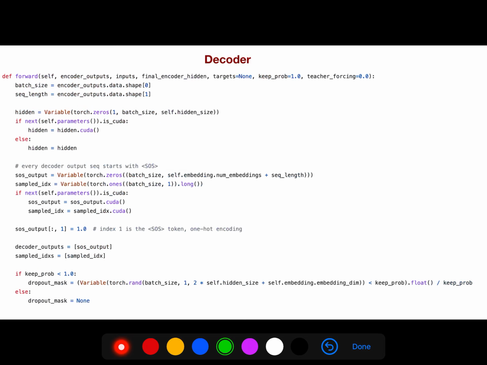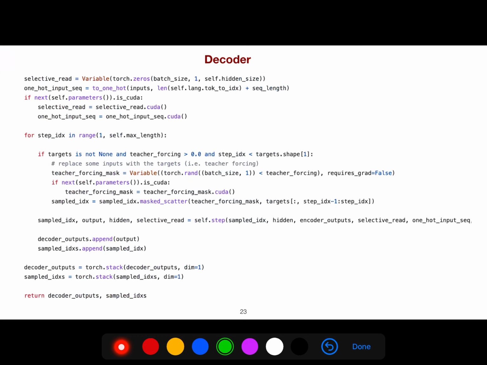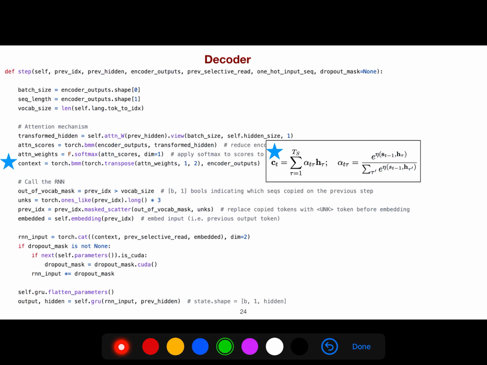So the decoder part, we have here, everything is standard, and here we are using teacher forcing. And what is this mask scatter? These are the things that you should be familiar with because we use them a lot.